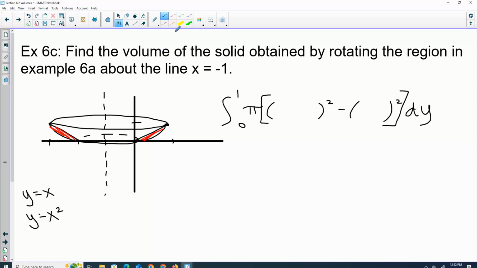So, if I take a cross section, it's circular, we're just getting that bowl there. The radius, the first one would be x, and the further one out is the square. So we're starting at -1, right?